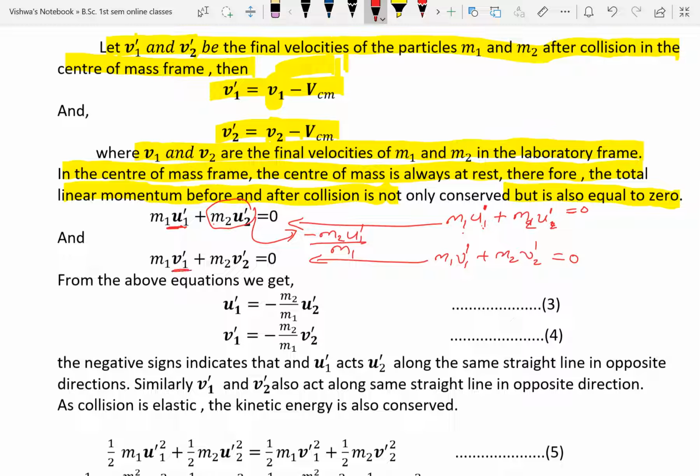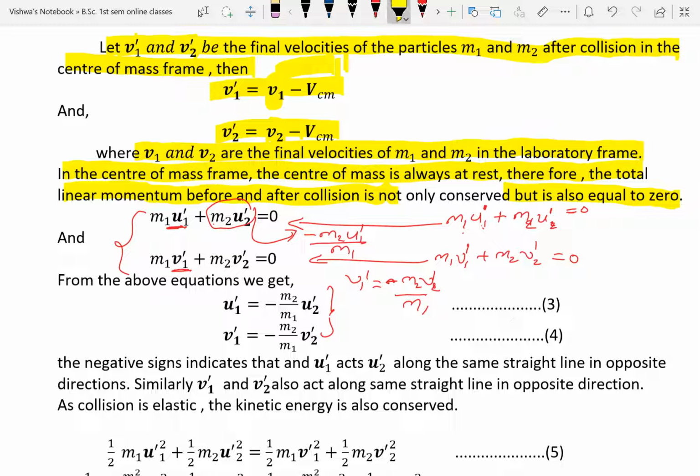Similarly, v1 prime is equal to minus m2 v2 prime divided by m1. Those two are equation number 3 and equation number 4. These two are written by using these two equations.